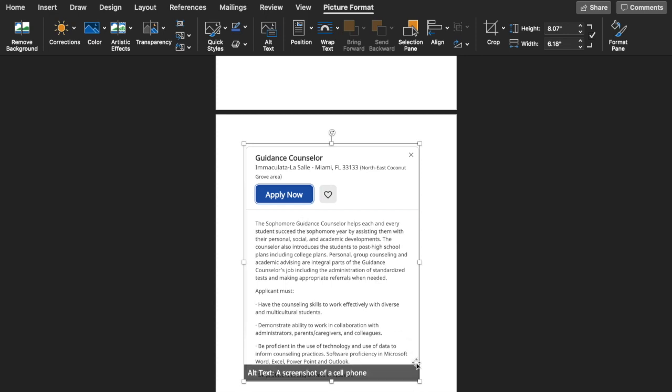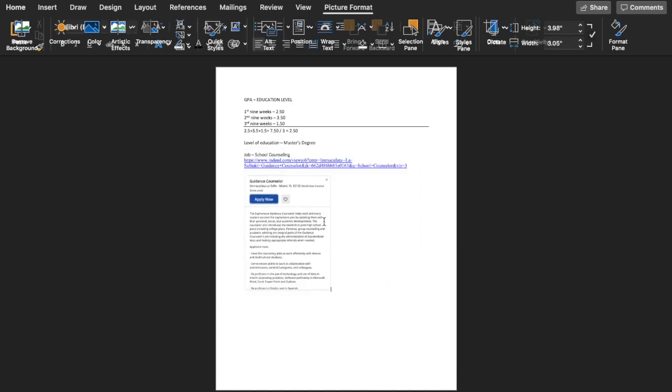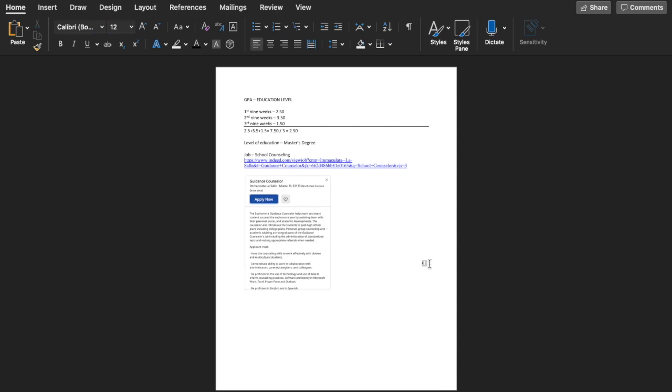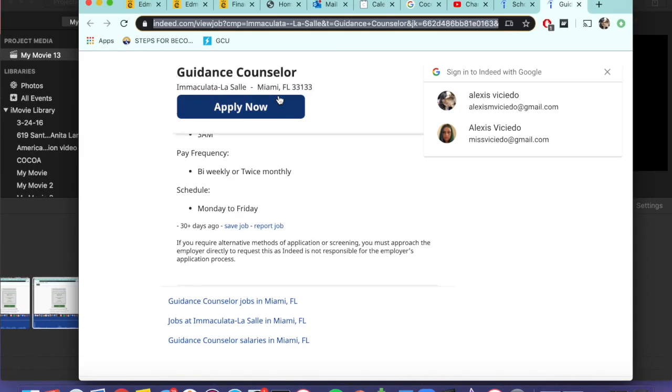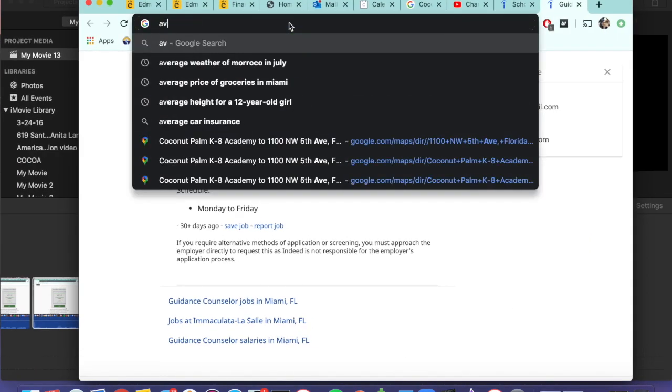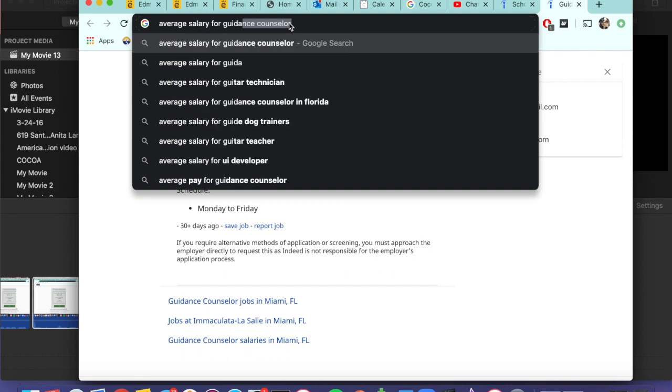The reason why I recommended for you to find a job that already has the pay included is so that you wouldn't have to do this part, but I'm going to show you it anyways. We know that we want to be a guidance counselor in Miami, Florida. We would look up average salary for guidance counselor, Miami, Florida.